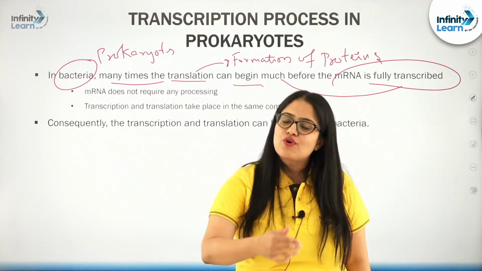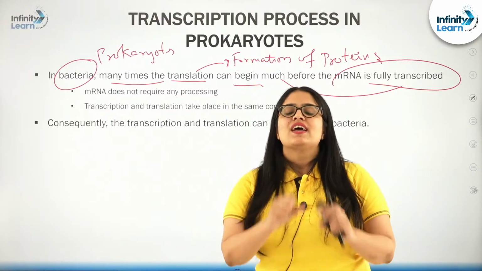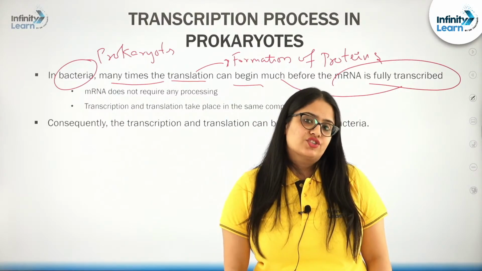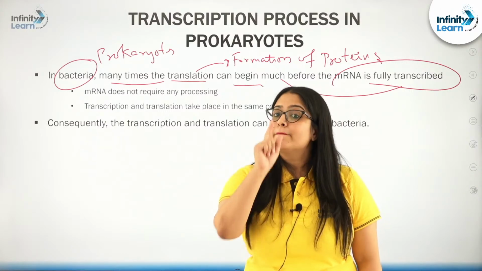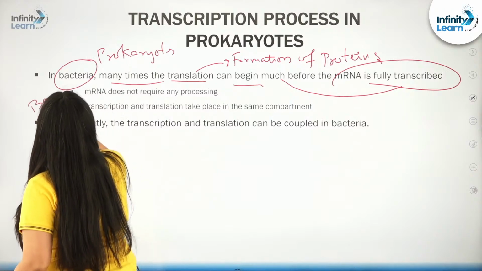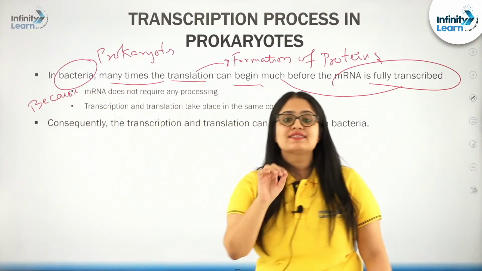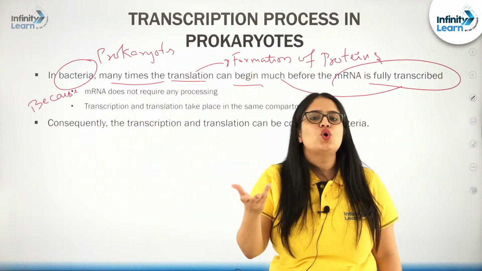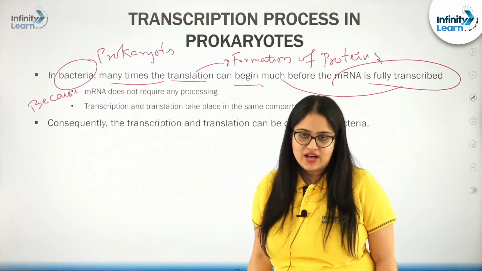So, in prokaryotes and bacteria, transcription and translation are coupled reactions and can take place simultaneously. Why? Because of two reasons. The very first reason is that mRNA synthesized in prokaryotes does not require any processing. It can directly participate in translation.